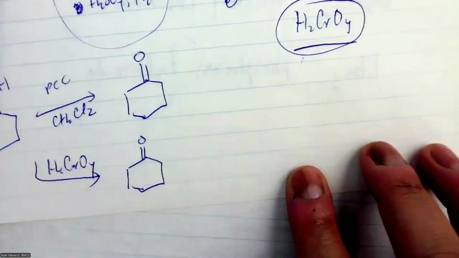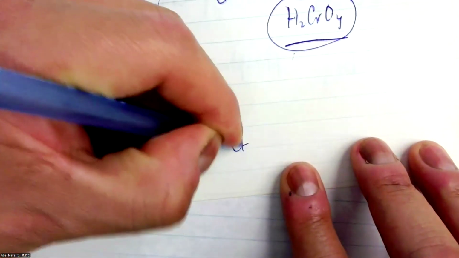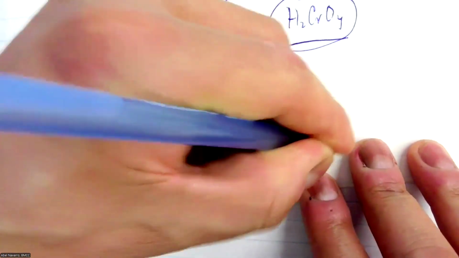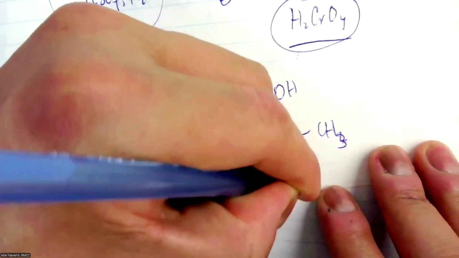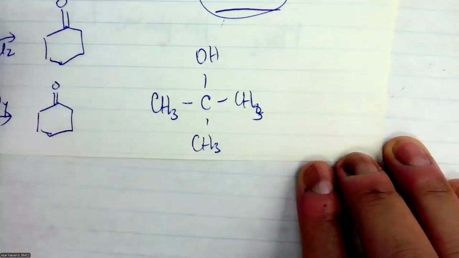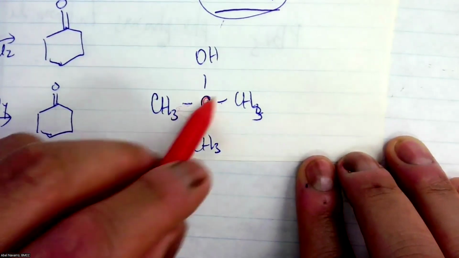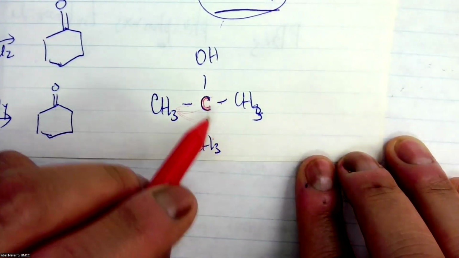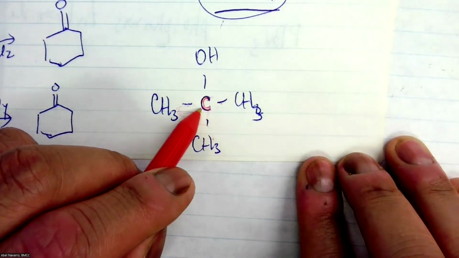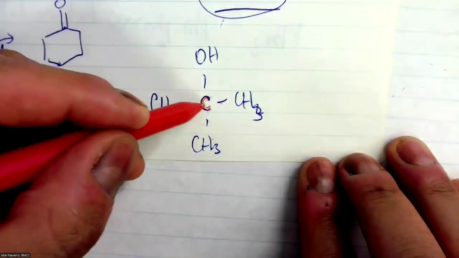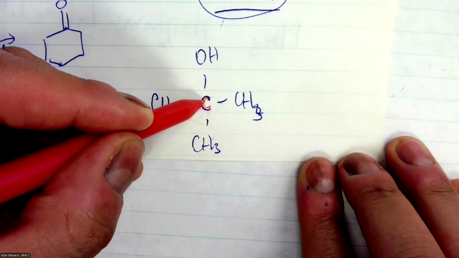So what happens in tertiary alcohols then? Tertiary alcohols do not oxidize. Why? Because in tertiary alcohols, the carbon doesn't have any hydrogen. This is tert-butanol. This carbon has no hydrogen to lose. So can this one get oxidized? No, it cannot, because it has no hydrogen to lose. You need a hydrogen to get oxidized, right? Remember the rule before?